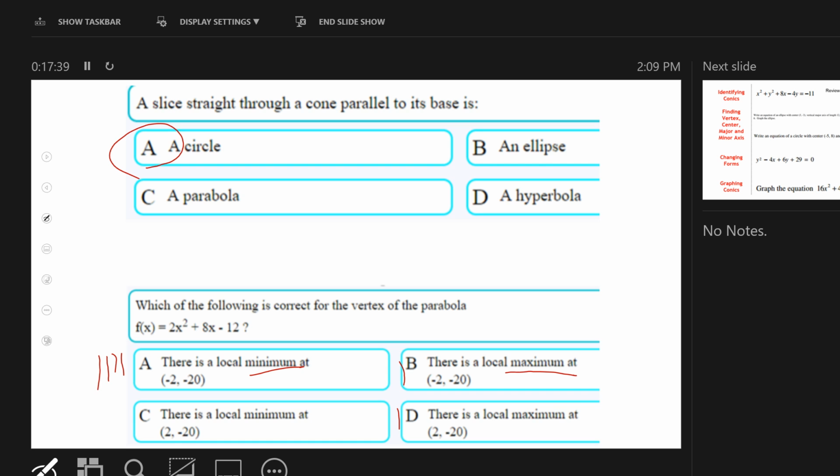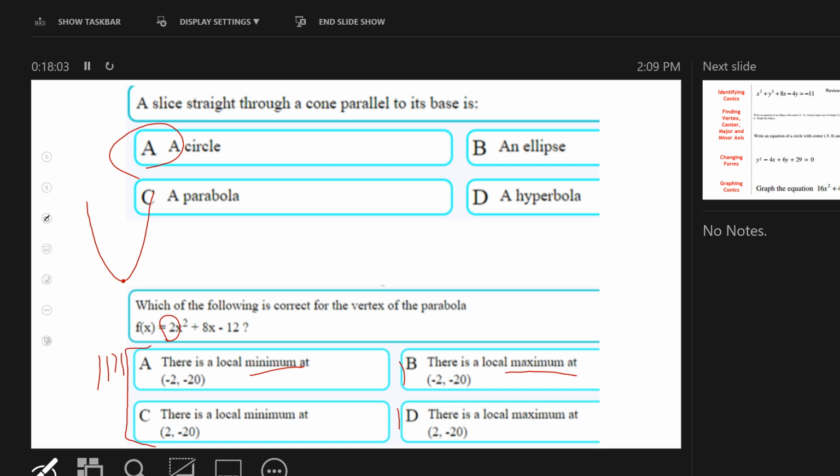All right. First of all, is the parabola upward or downward? It's upward because look, this a is positive. So if it's upward, it has a minimum, right? This is a minimum. That's the lowest it ever gets. And then it goes up from there. So we know it's got to be one of these two right here.